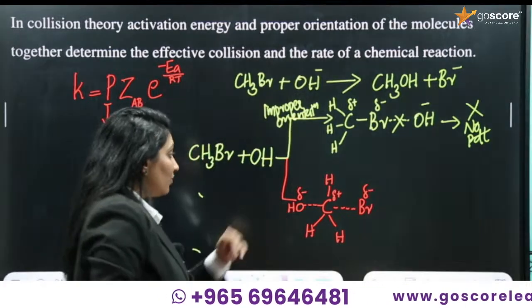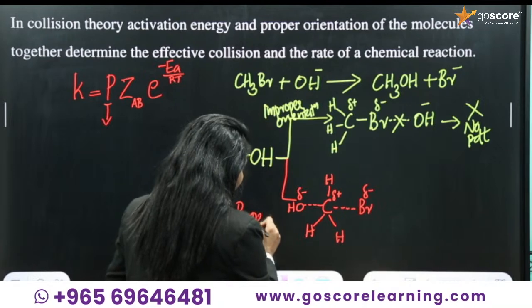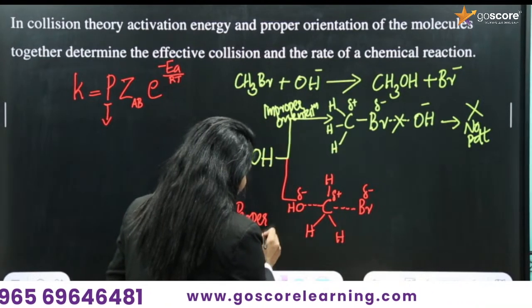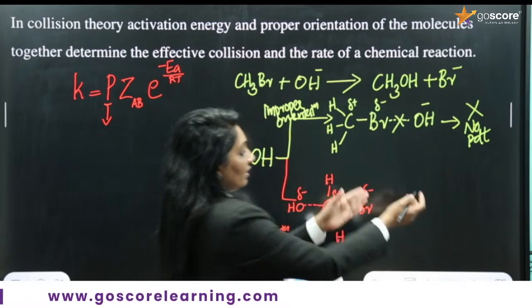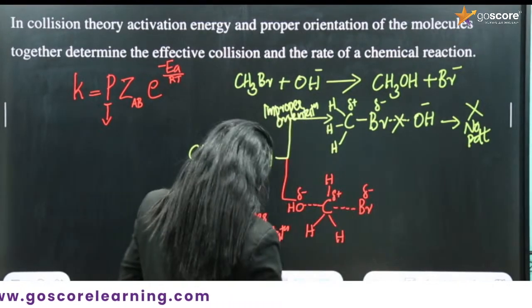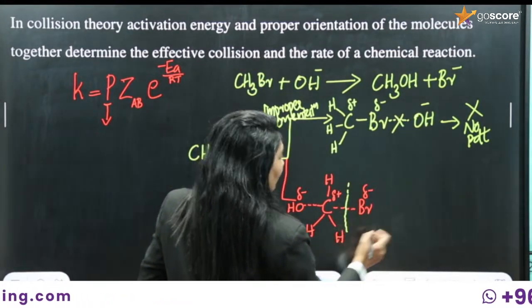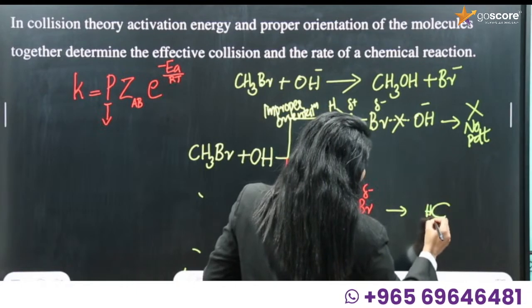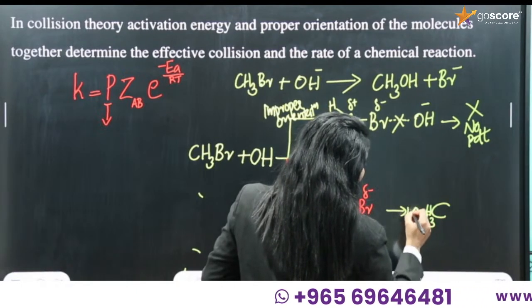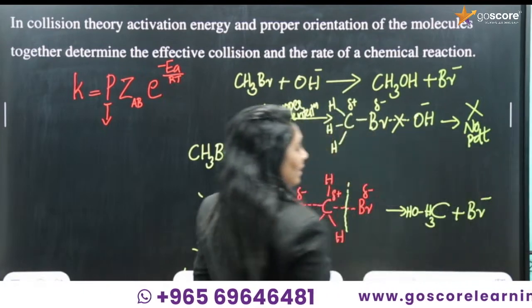See, this is what we call the proper orientation. If it is coming in a proper direction, then only what will happen here? This bond will break, and what will we get? CH3OH plus Br minus.